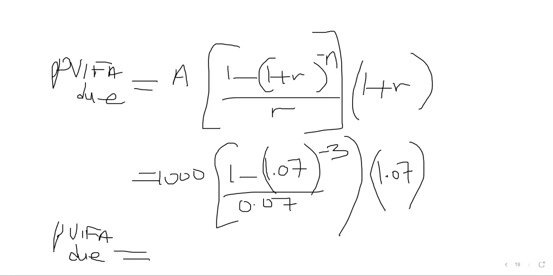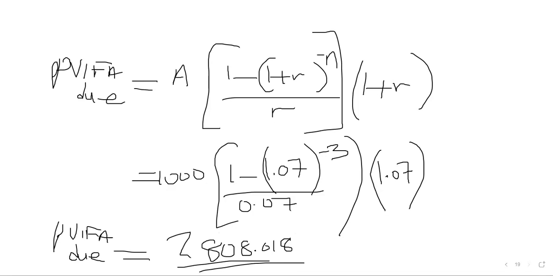So we can sort this out. This one multiplied by 1.07 is giving us 2,808.018. This is what goes on as we look at the present value interest factor annuity due.